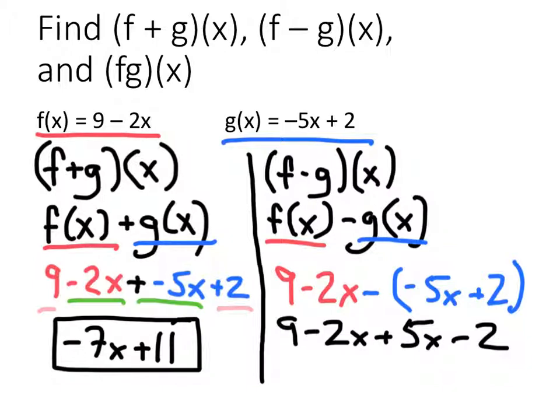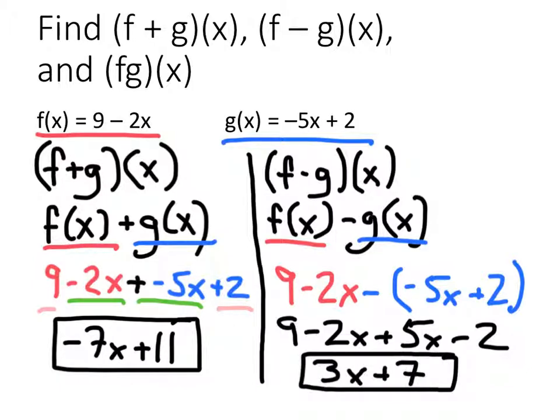And when I subtract positive 2, it becomes a minus 2. And so when I collect my like terms, I get 3x plus 7 as my expression for f minus g of x.